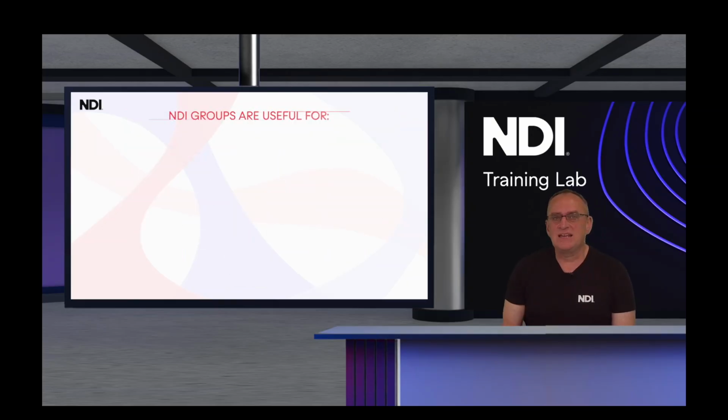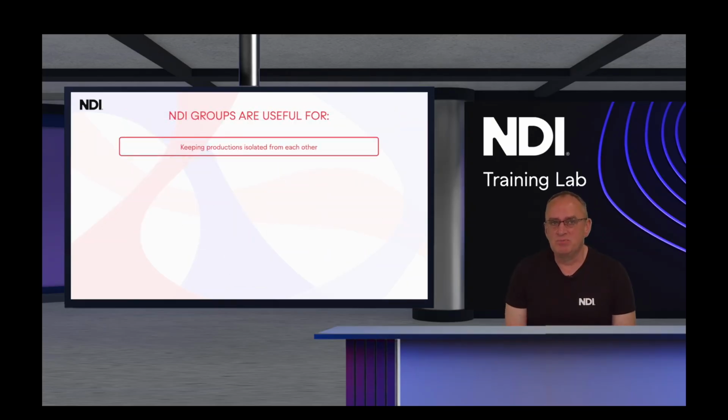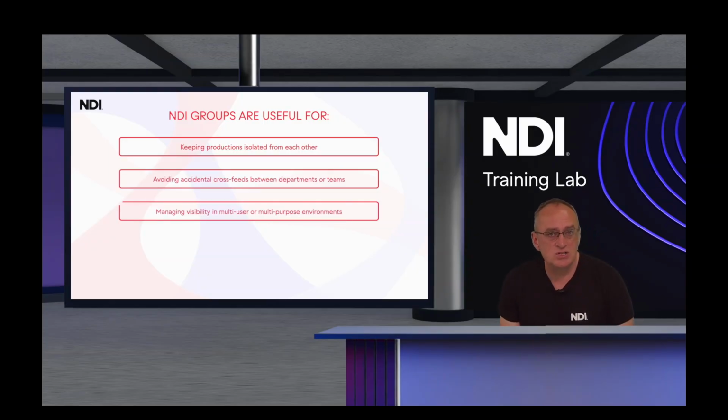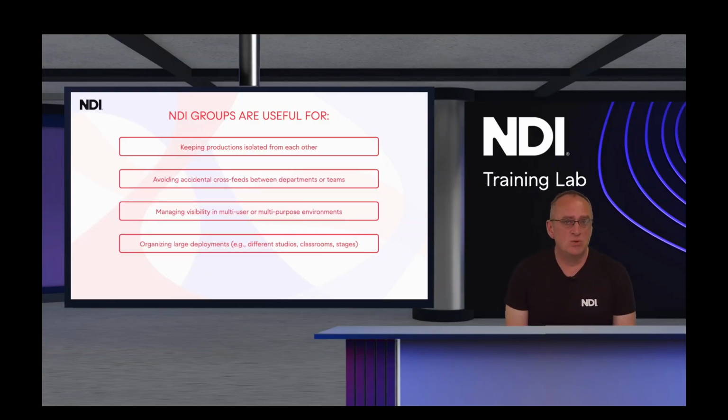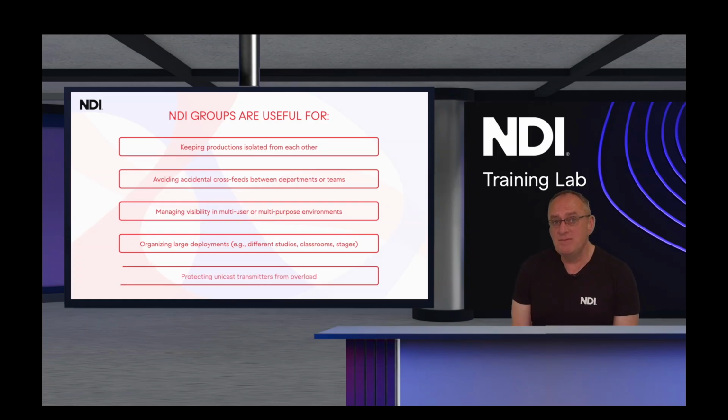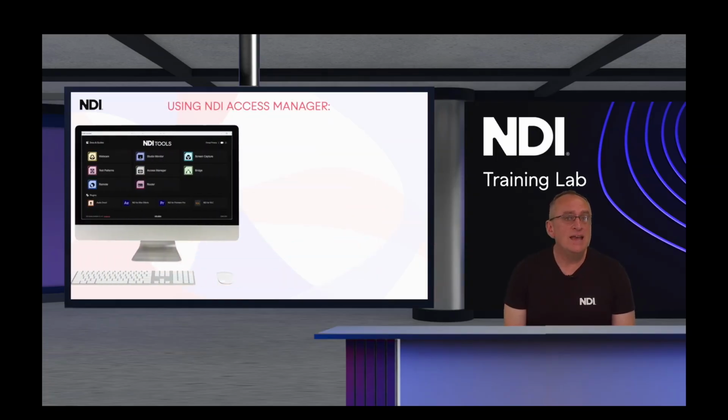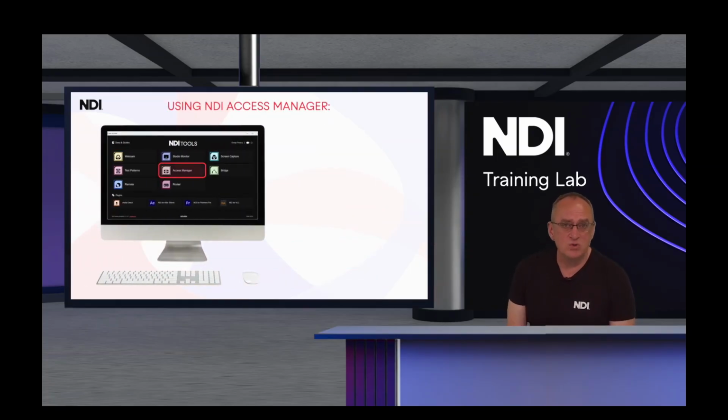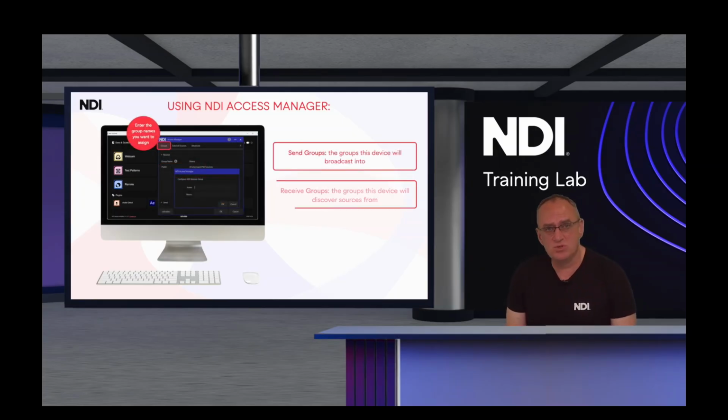Groups can be used to isolate productions or departments and prevent accidental cross connections. They can be used to organize sources in multi-studio or campus deployments and limit visibility to protect unicast transmitters from overload. And they can be configured in NDI Access Manager for Windows or macOS. Just simply use the Groups tab and define send groups and receive groups.